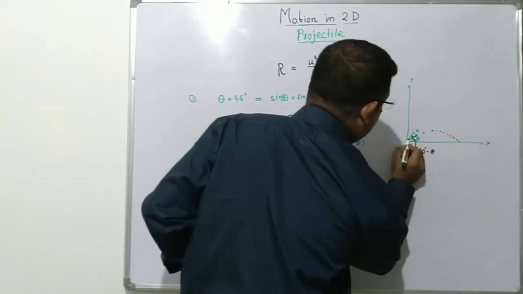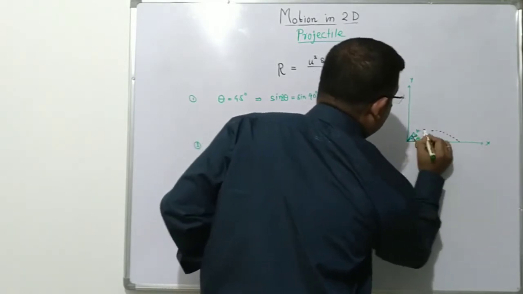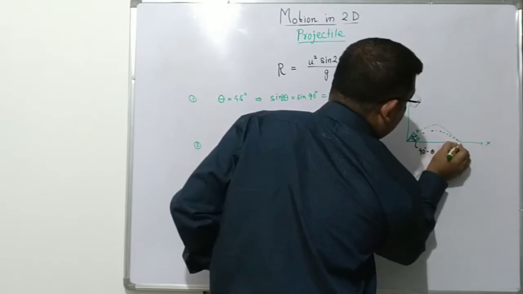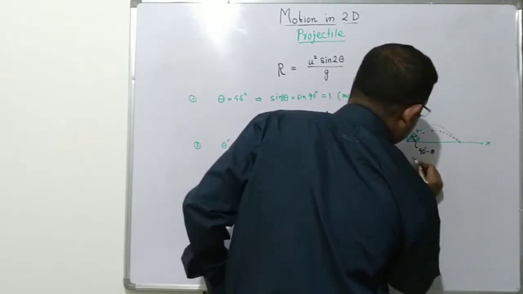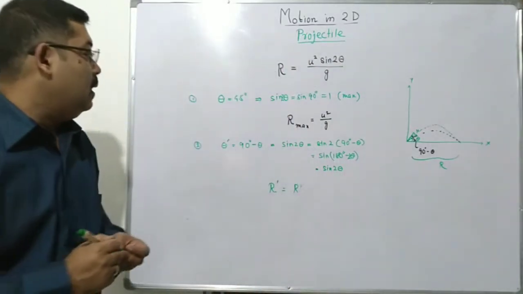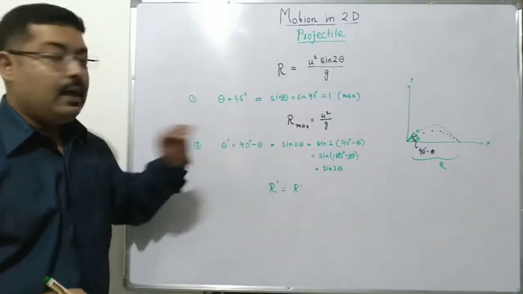It will take a parabolic path and reach a higher maximum height, but it will still come back and meet at the same point. That is, the range is going to be identical to the case where it was projected at an angle theta.